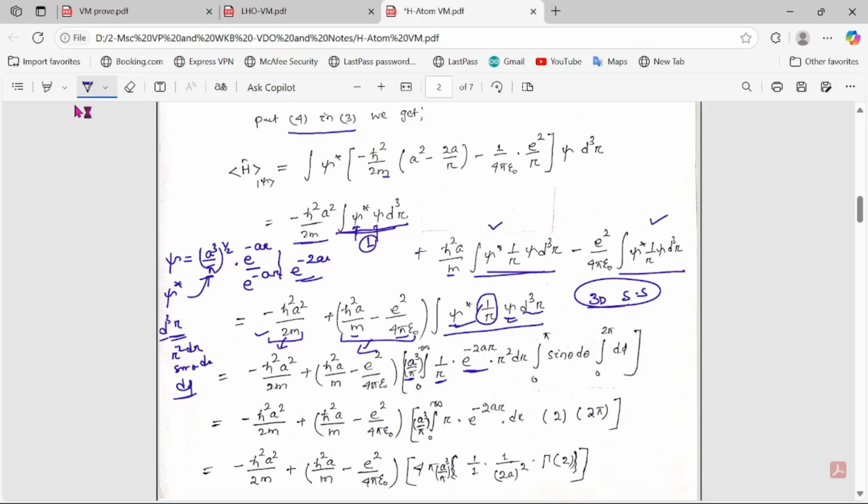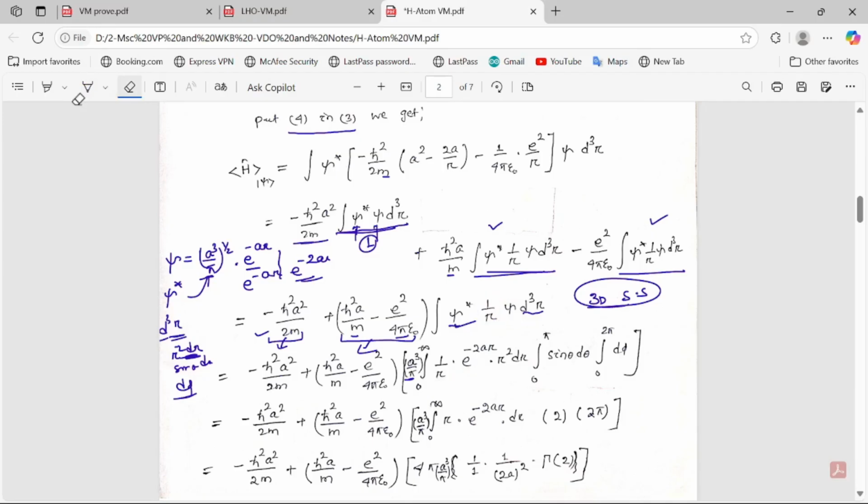So r square dr is a function of r, which means this will be integration with respect to r. So 1 by r e to the power minus 2ar is also a function of r, and r square dr, this is one integration, and the limit will be 0 to infinity.